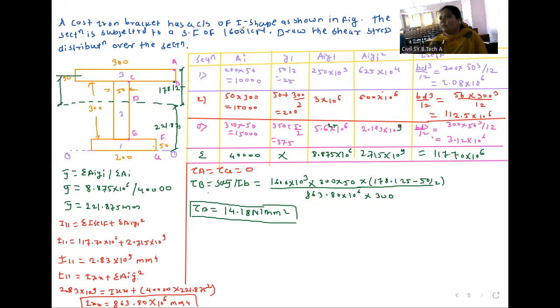So tau C is equal to S A y bar divided by I b, which is equal to 1600 into 10 raised to 3 into 300 into 50 into 178.125 minus 50 by 2, same as it is. Only the width will change here, and instead of 300 the width is 50.